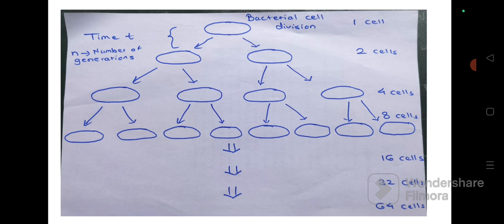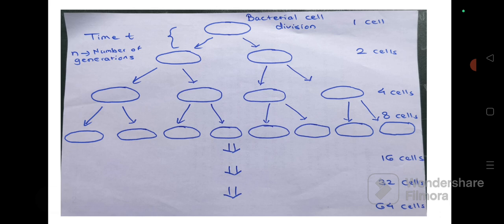The time is taken on the x-axis and number of cells on the y-axis. So it becomes difficult to plot number of cells, and that's why you need to take the log of number of cells on the y-axis so as to accommodate all those values on the graph.